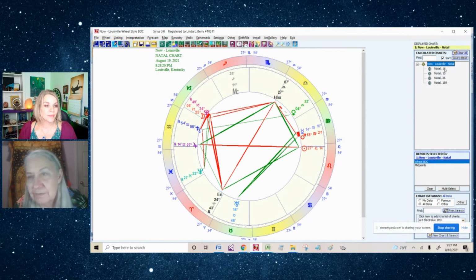Okay. So we've got two vibrations that are very strong for this Sun-Jupiter opposition. Remember, this Sun-Jupiter opposition is a pattern that Jupiter is going to carry for a while. So this is a message to help us understand how to expand and grow our businesses and our lives for a good number of months.